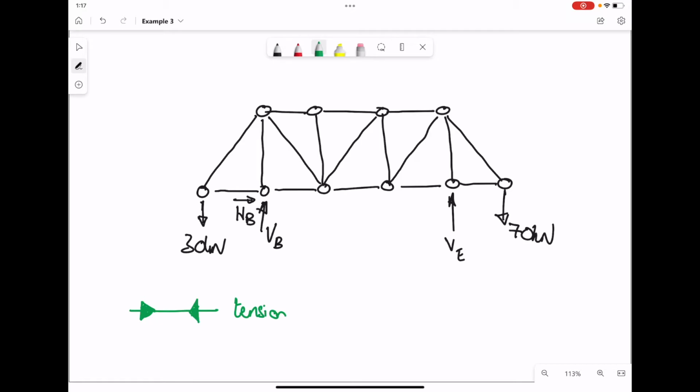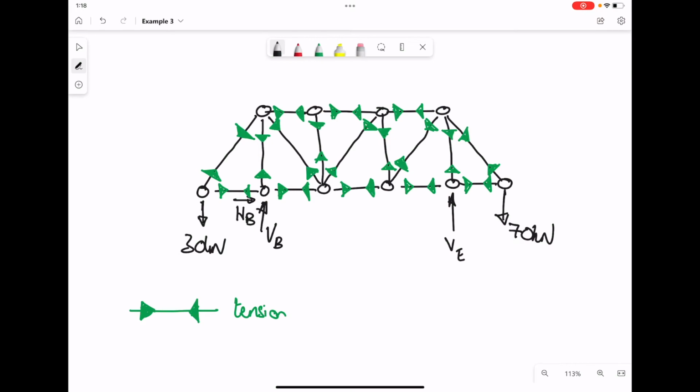So I'm going to draw this onto every member in our framework. And before we start doing the analysis of our first joint, we need to work out an internal angle.